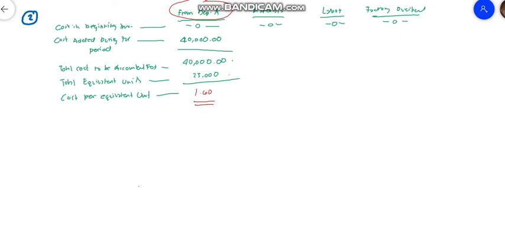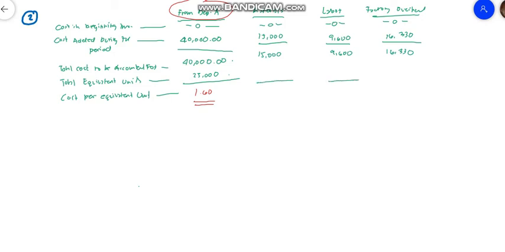The cost added during the period: let's look at work in process for materials. The first journal entry shows that it's 15,000. Labor is at 9,600, and factory overhead is at 16,330. Since there's no beginning inventory, you just bring down the answers.